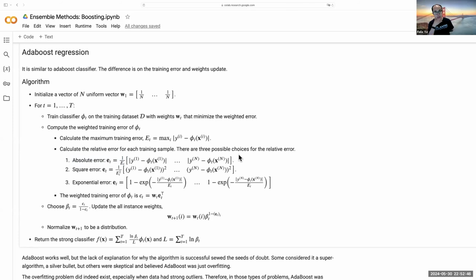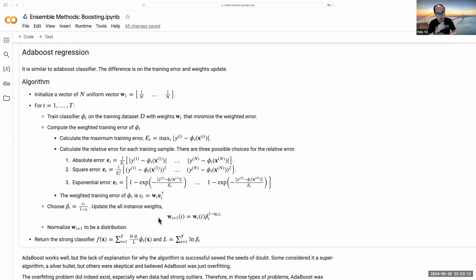This will be extremely important. And of course, you can choose the maximum error as well. Either one will be fine. Everything else will be basically the same. The notation is slightly different, but the whole idea is the same.